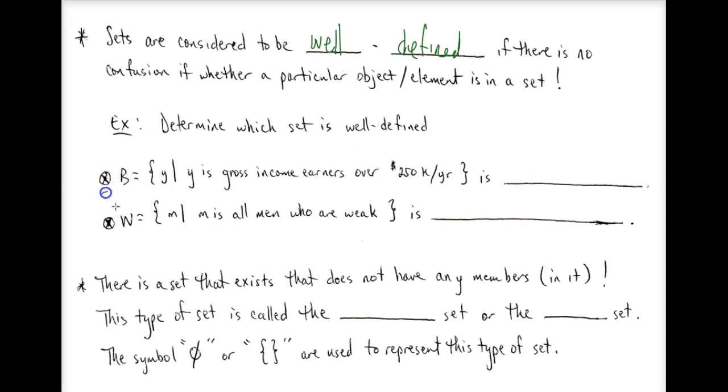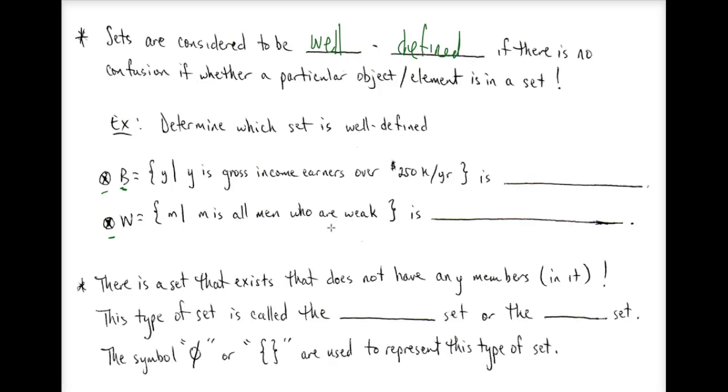I have these two examples here to clarify that. If we had a set B, and this set B is defined as the set of all y, where y is gross income earners over $250,000 a year. Now here, this one's pretty simple. Either you earn more than $250,000 a year or you don't.